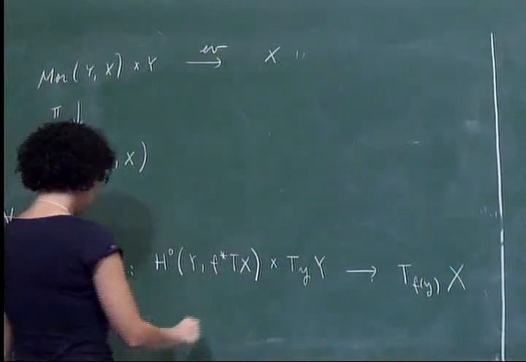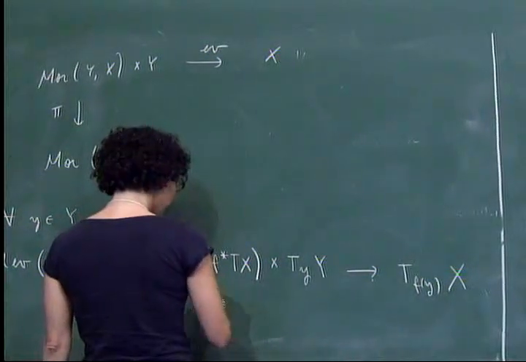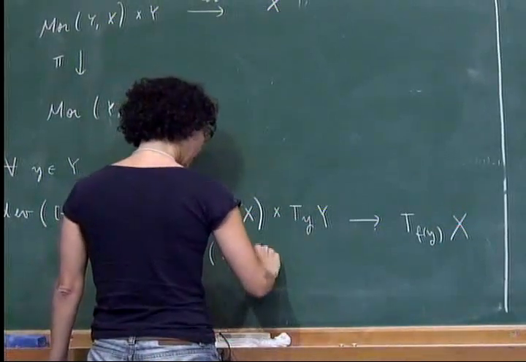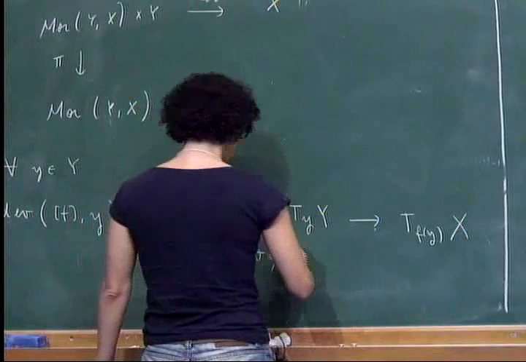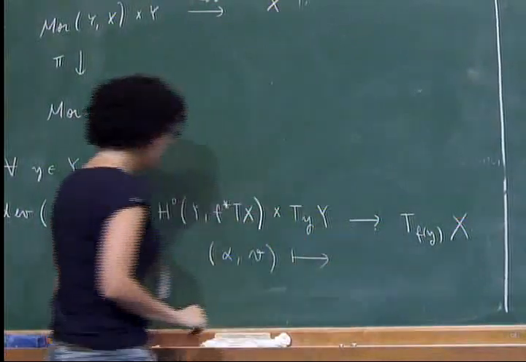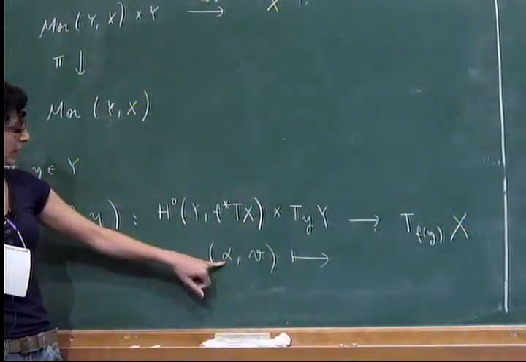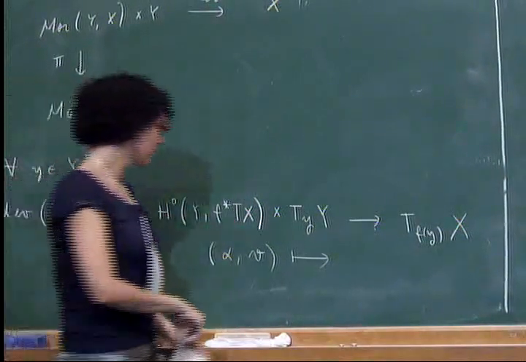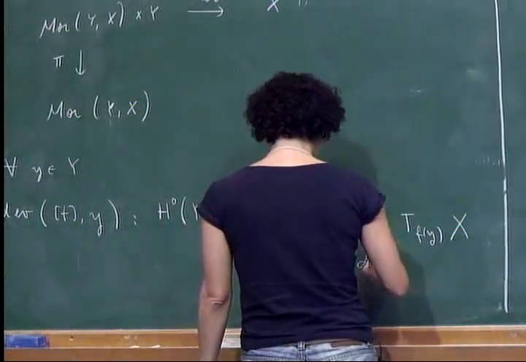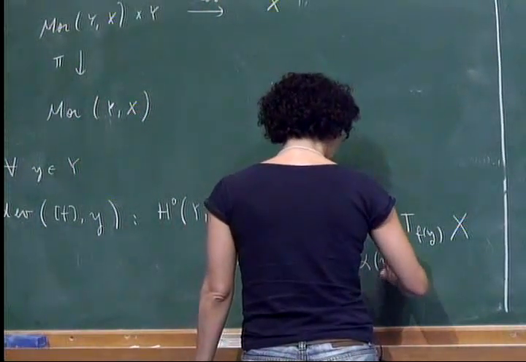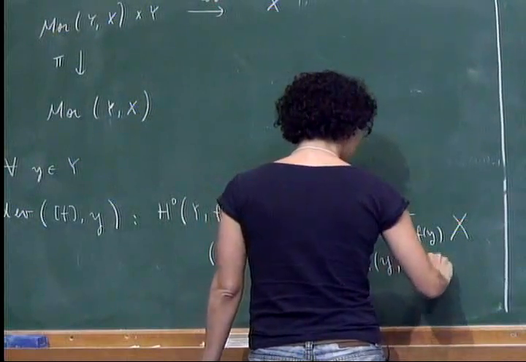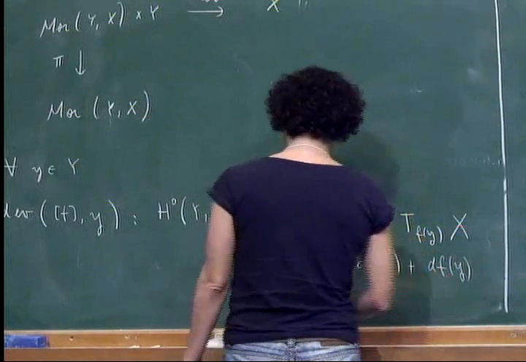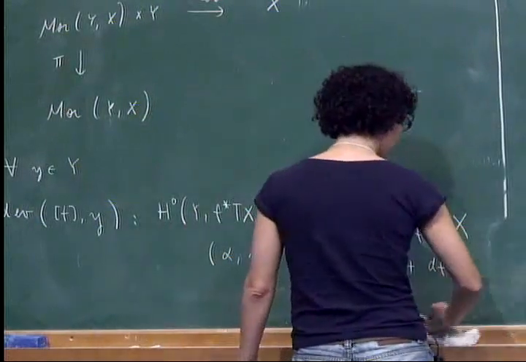So what it does is the following. If you start with a global section alpha and a tangent vector v at y, this derivative does the following: alpha can be evaluated at the point y. So this gives us alpha at y, and then we add the derivative of f at y applied to v.